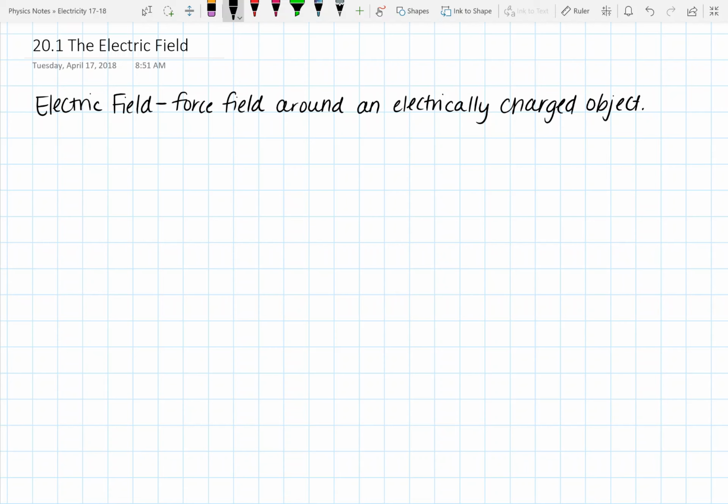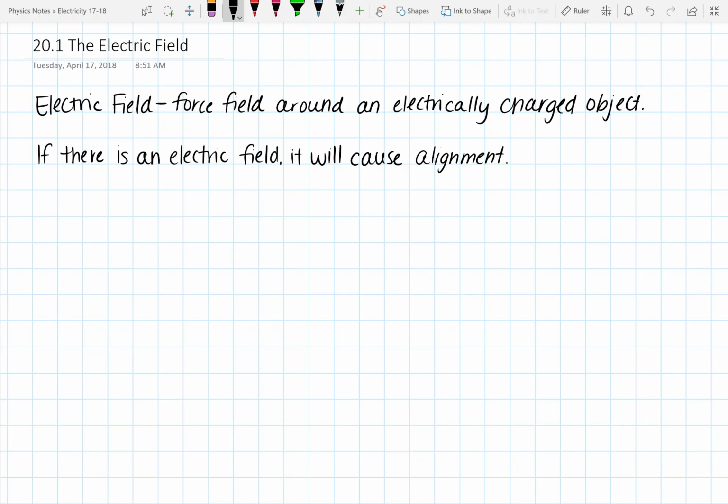What I mean by that is that if there is an electric field, it will cause alignment. And we can draw the electric field.